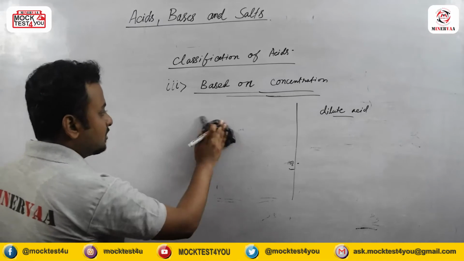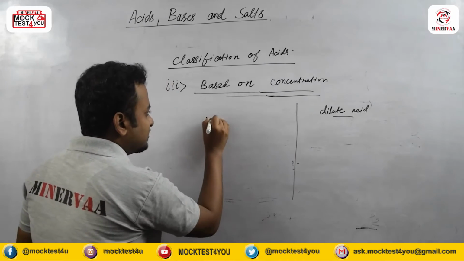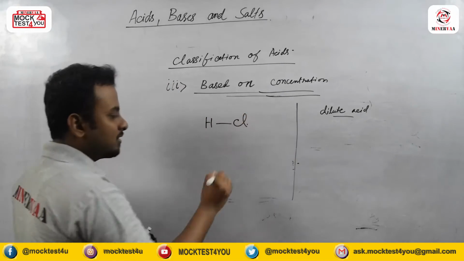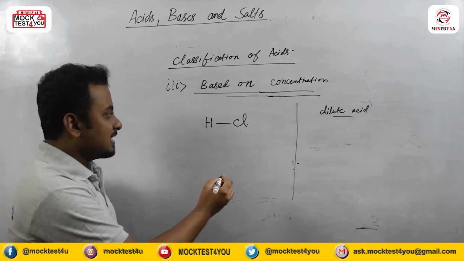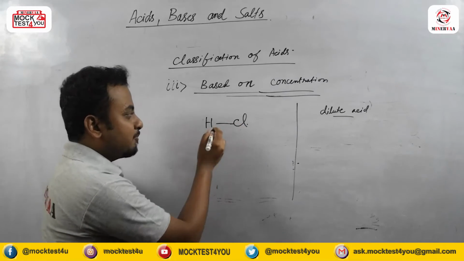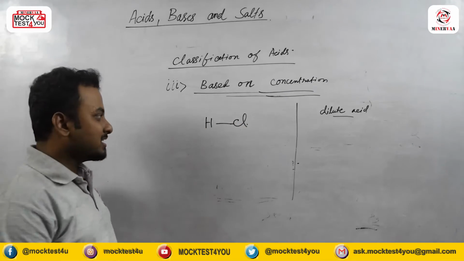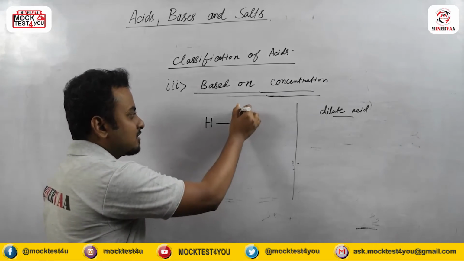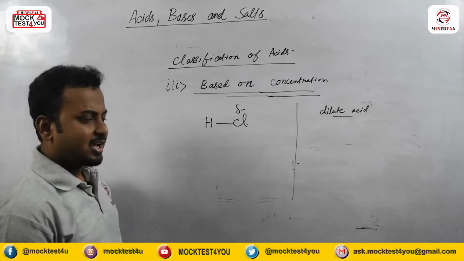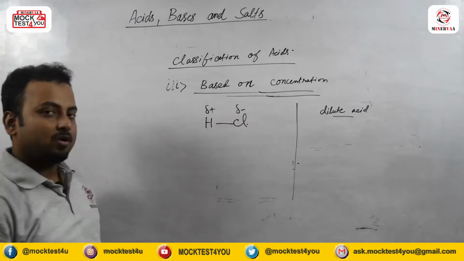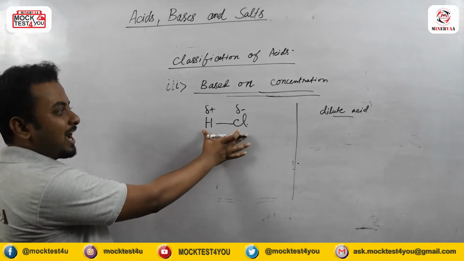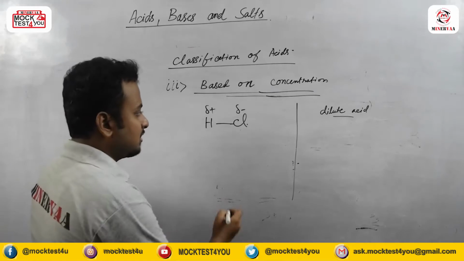Taking an example, we have already studied HCl, right? What is HCl? This is a polar covalent bond, which we have already studied in chemical bonding. It contains delta negative charge and delta positive charge, so there is a formation of dipole, right?